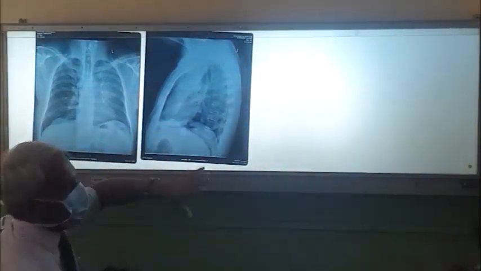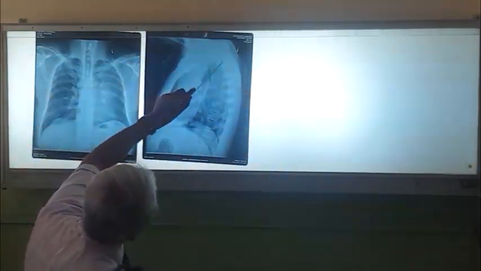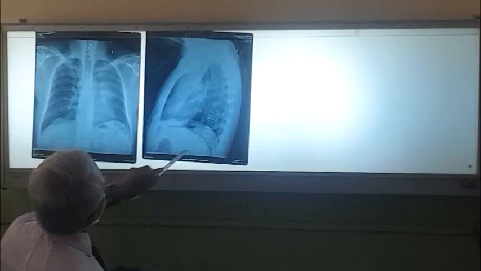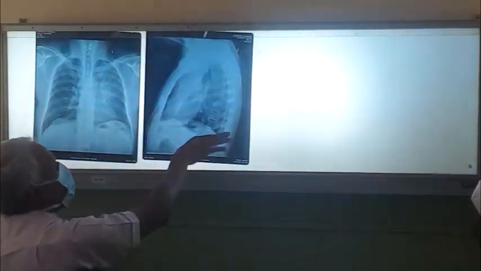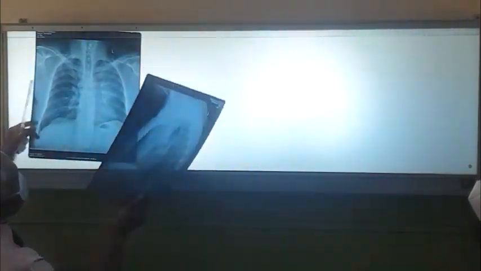Then what happens to the left lower lobe? When it collapses like this, it moves behind the heart. When the left lower lobe collapses, it goes like this. I'll show you some examples.